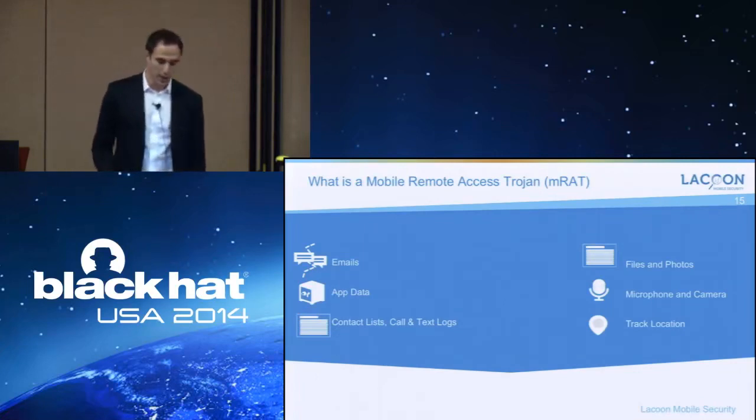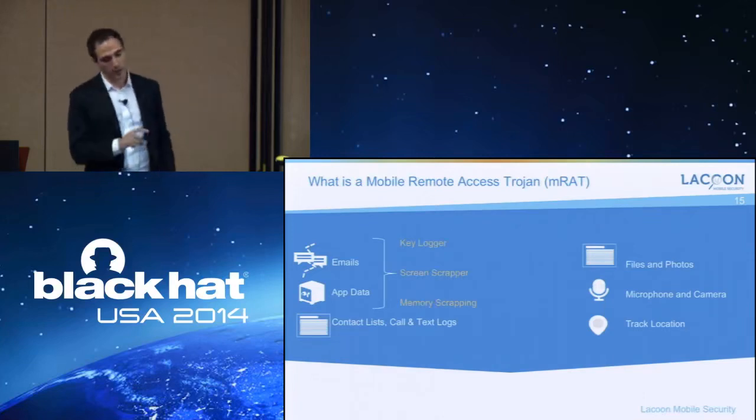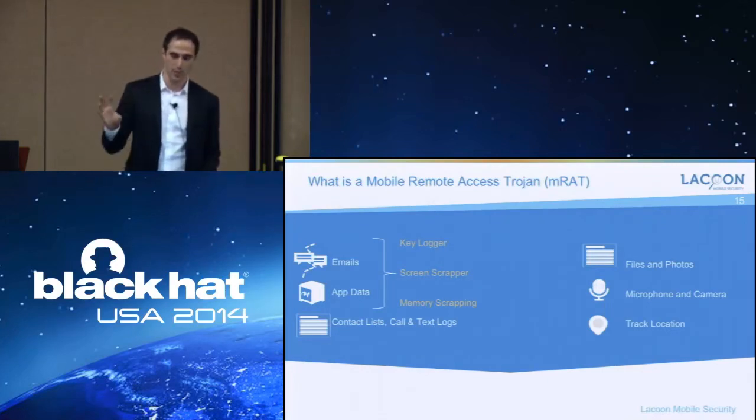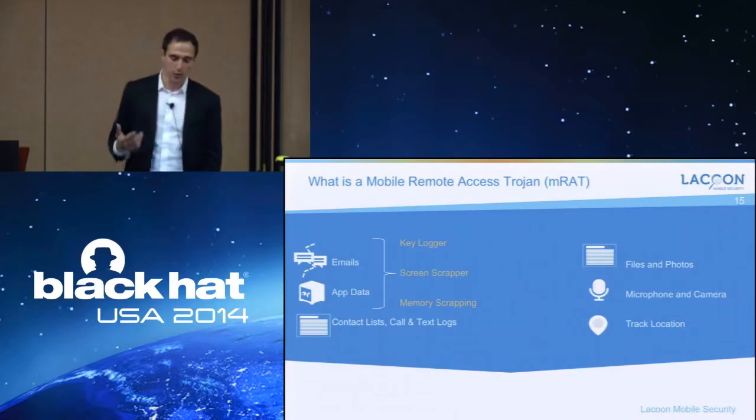Microphone, camera, and GPS. Now, if we specifically talk about VDI, the way they usually attack the email containers or email applications, or general applications like WhatsApp and Skype, is either via keylogging, screen scraping, or memory scraping.